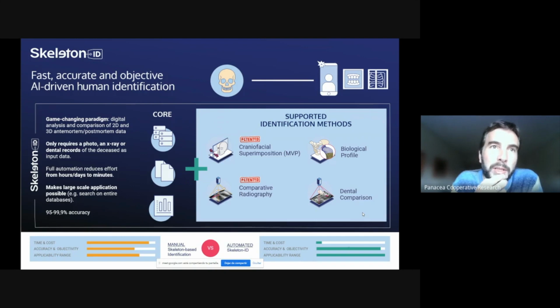This is because it allows us to apply artificial intelligence and to automate a lot of the processes and to make automatic comparison. So we have this software, and above the software, we have different modules that support different identification techniques: craniofacial superimposition, comparative radiography, biological profile estimation, and the talk of today, dental comparison.